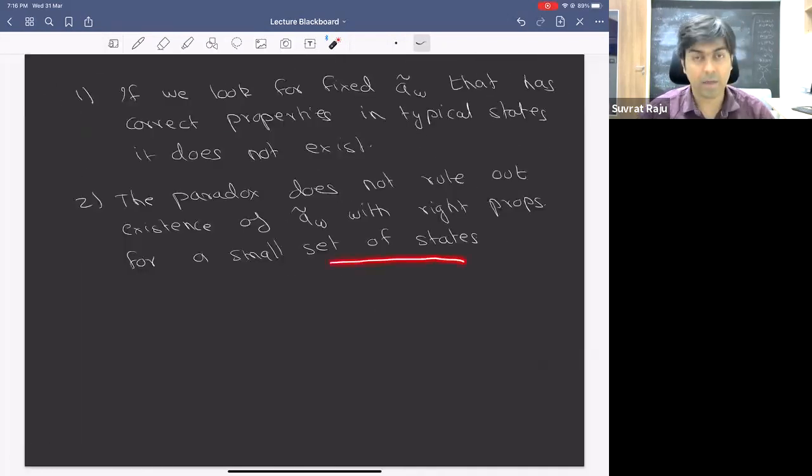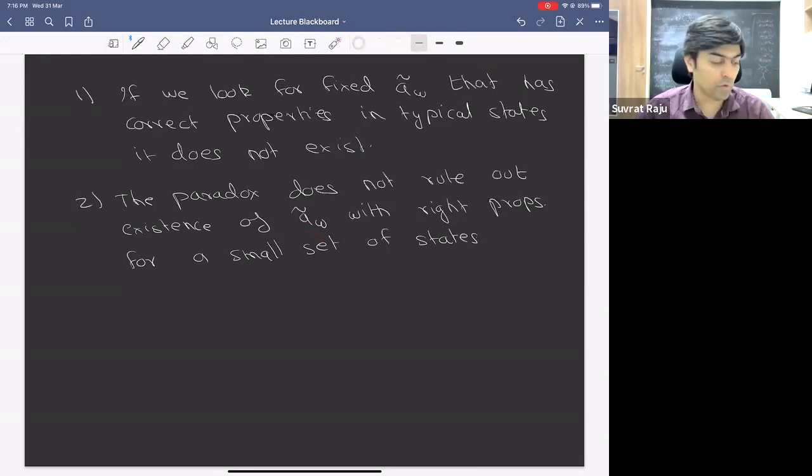And that's why these paradoxes never arose when we considered, in the first part, in most of this course, evaporating black holes. And that's because evaporating black holes, as I emphasized earlier, are atypical states. And so this paradox doesn't rule out the existence of these modes for a set of atypical states. Okay.